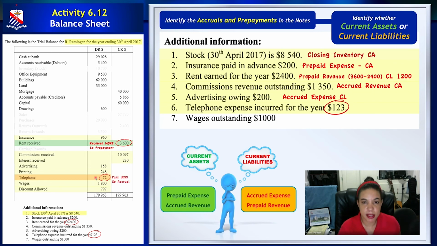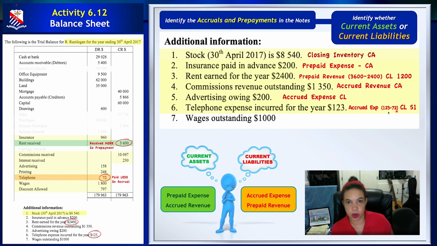Because 72 is less than 123. And whenever we pay less, that means you're still owing money. So therefore, it's an accrual. And as an accrual, an accrued expense is a current liability. And how much is the accrual? It is the 123 minus the 72, which gives you $51. So that is the amount that is going to go into your balance sheet.